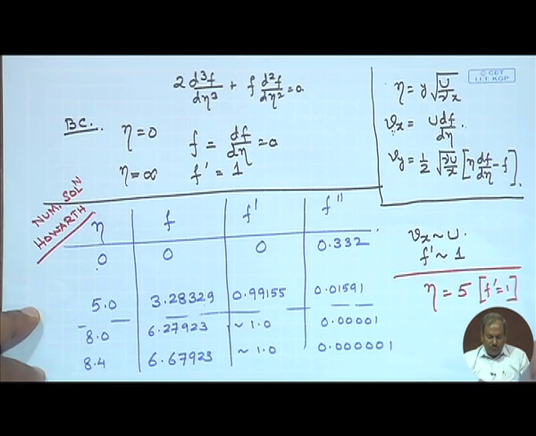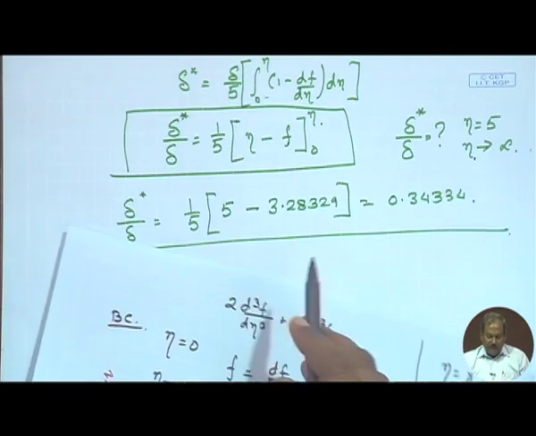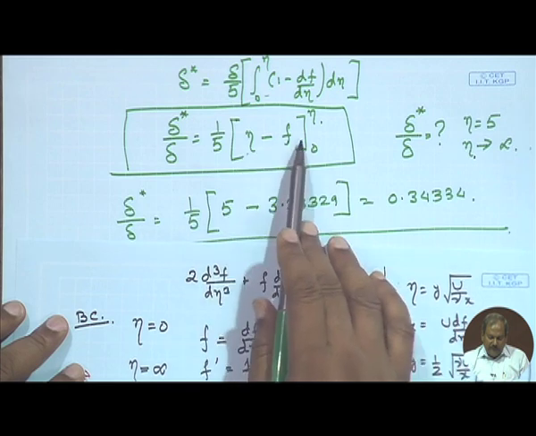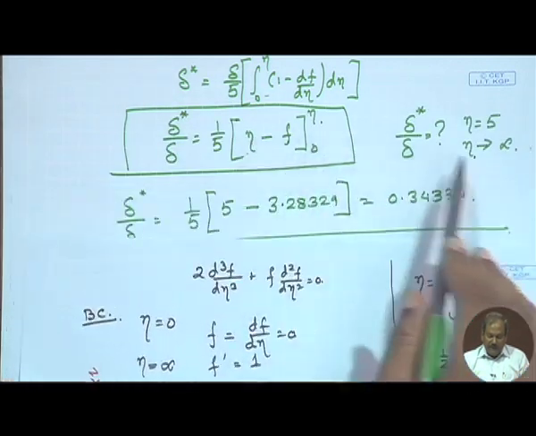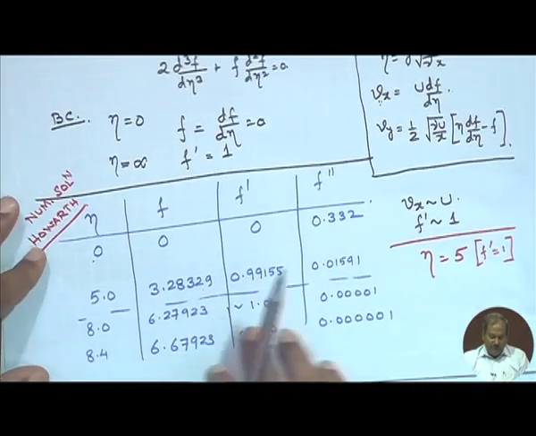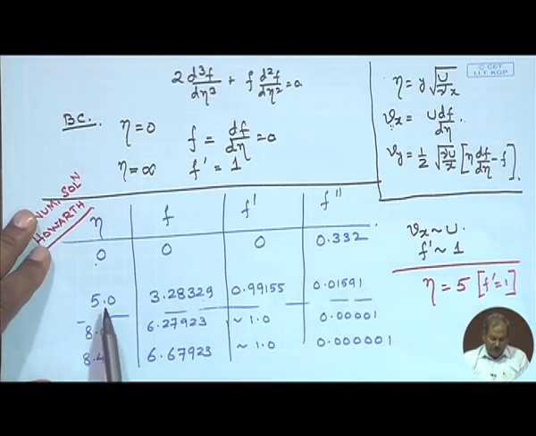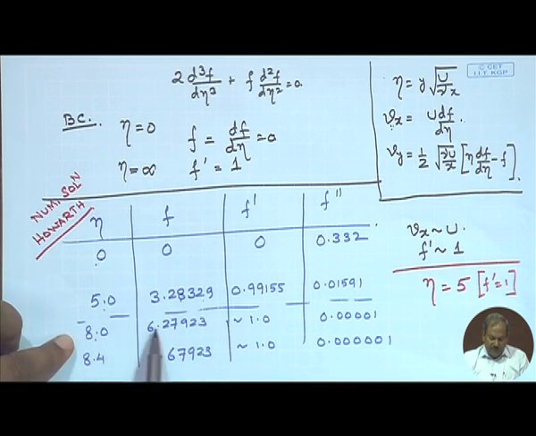So how do I find out the value of the quantity eta minus f when eta tends to infinity? You look at this table carefully. Eta minus f, it is 5 minus 3.28, and so on.